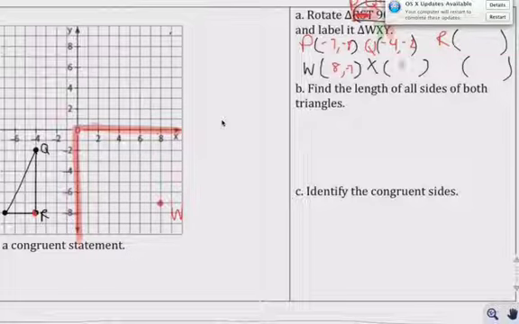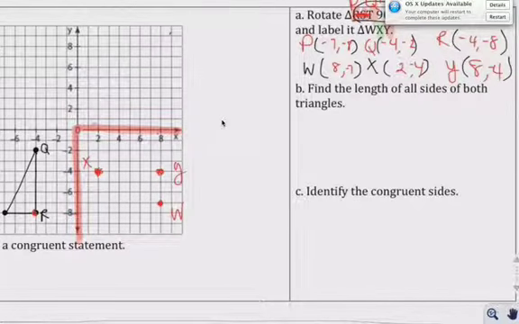Therefore, X is 2, negative 4. That's X. R is negative 4, negative 8. And Y is then 8, negative 4. That's Y. Connect them.